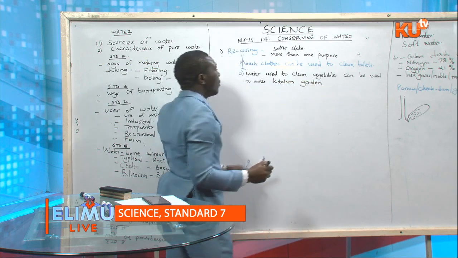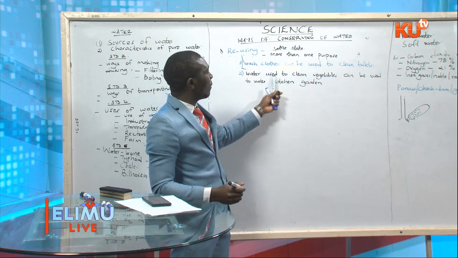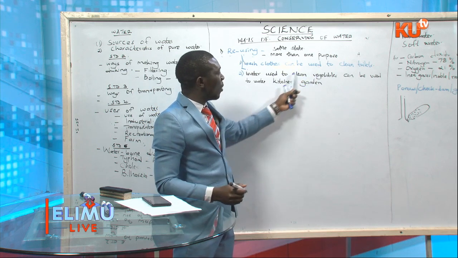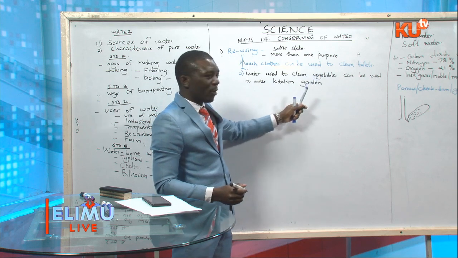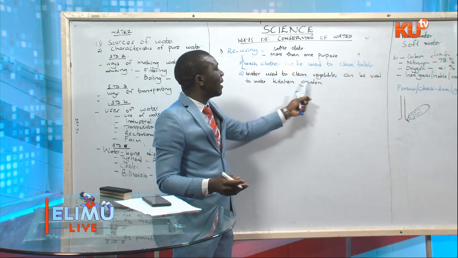I believe for vegetables, you don't use soap to clean them. So that water, when you have cleaned something like cowpeas or kunde, skuma wiki, or coriander, you can pour it in the kitchen garden.